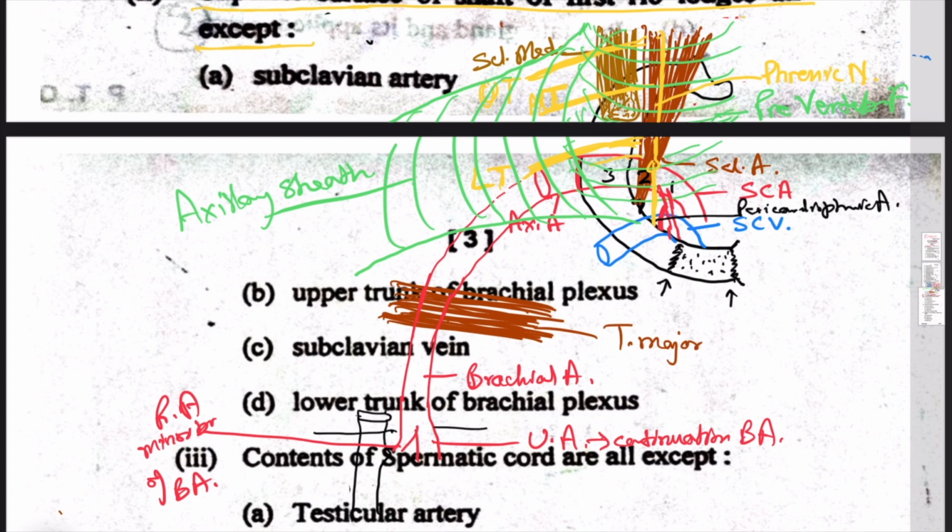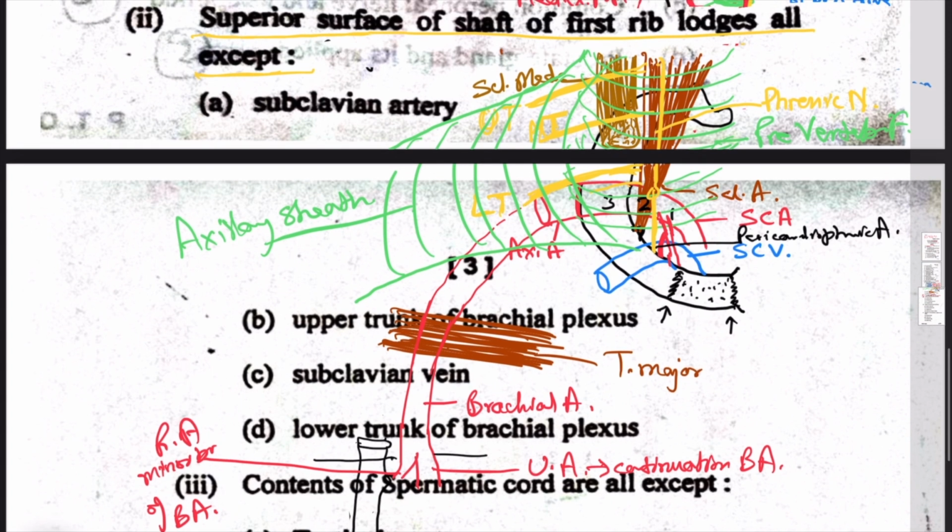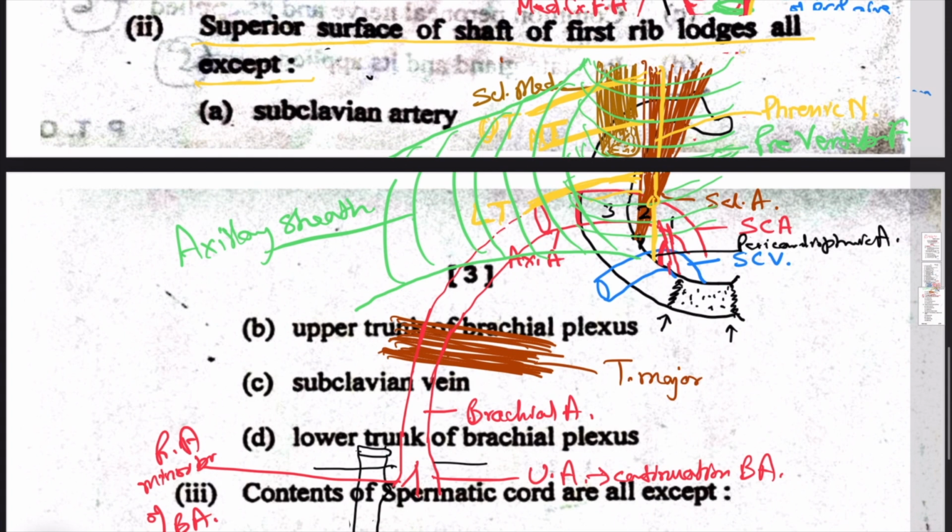It runs onto the fibrous pericardium, so it is a content of the middle mediastinum. Both the phrenic nerve and the pericardiophrenic artery run together onto the surface of the fibrous pericardium on both sides, right and left. Okay, so that was about this question.